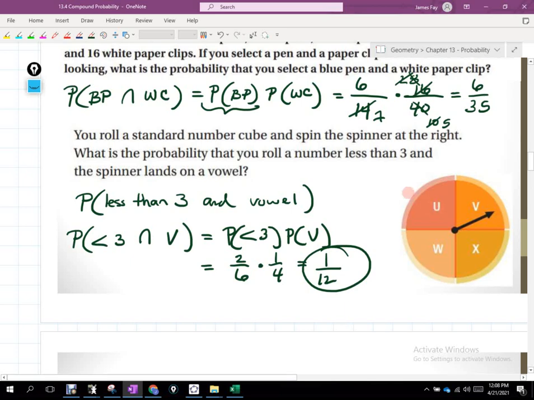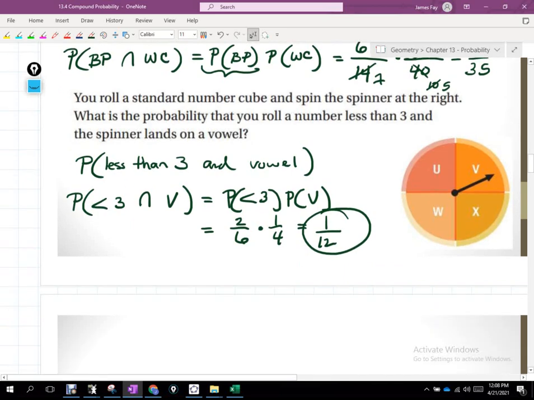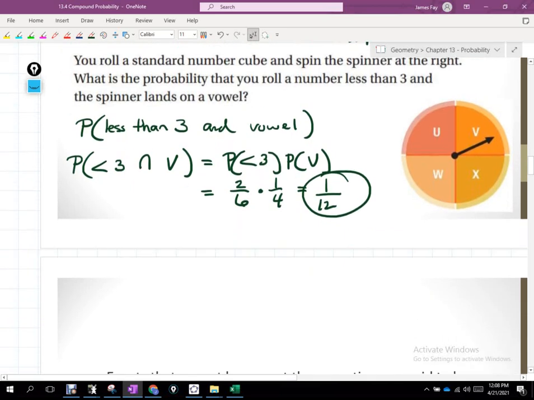I mean, you could, in this situation, because the sample space is going to be small, let's see if we can construct the sample space here. So let's say we spin the spinner, we could have a U, a V, a W, or an X, right? And I could have a 1 that goes with all of those, correct?